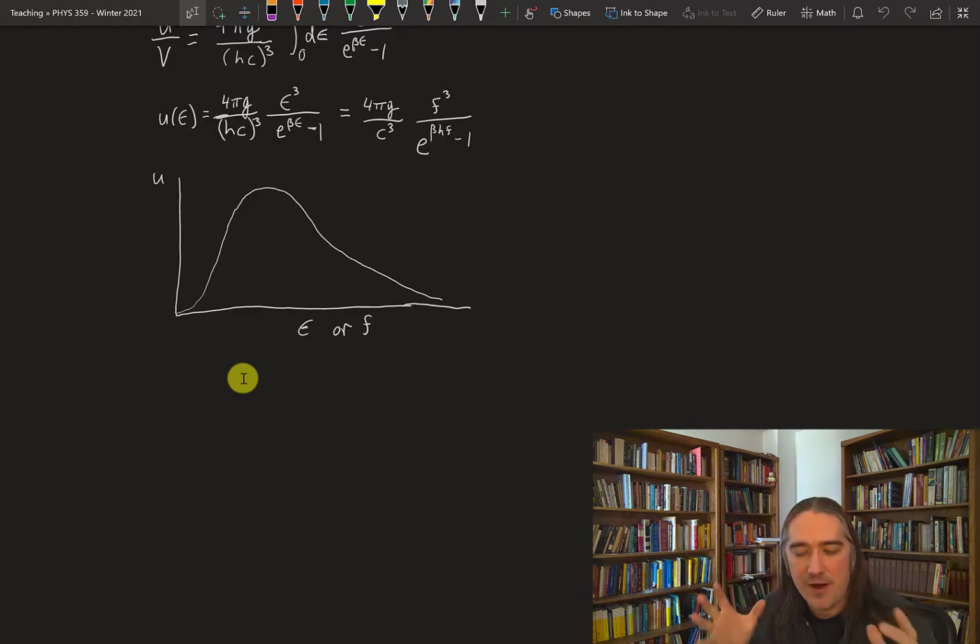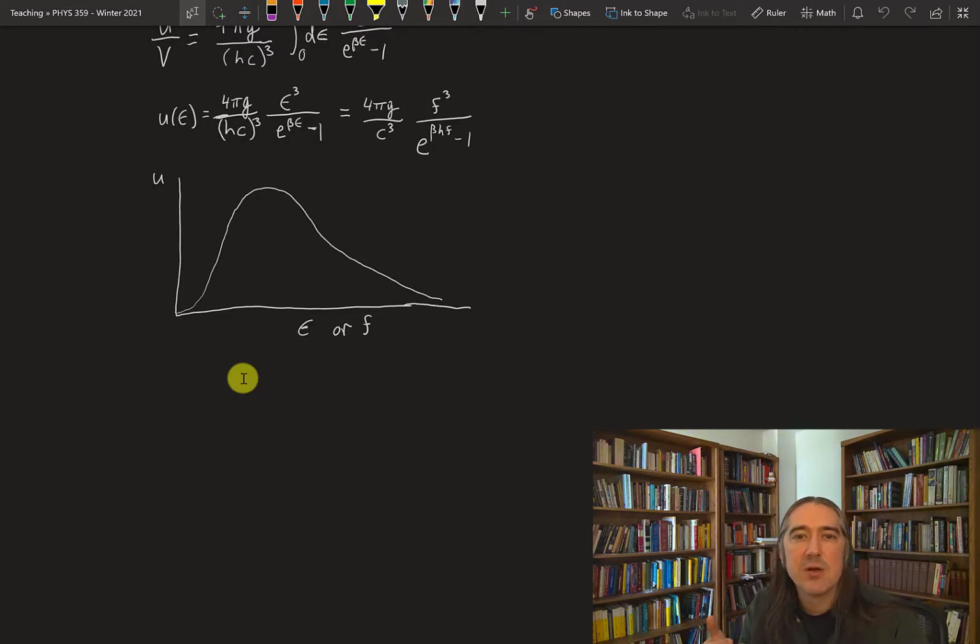Now, if you have a box full of photons, you may not care how much green's in there because they're in a box. You can't see them, right? But that's why I said there are other ways that you can thermalize photons, one of which is if they're in a dense plasma. Our sun, great example of a dense plasma. So there is thermalization of the photons on their way out of the sun.